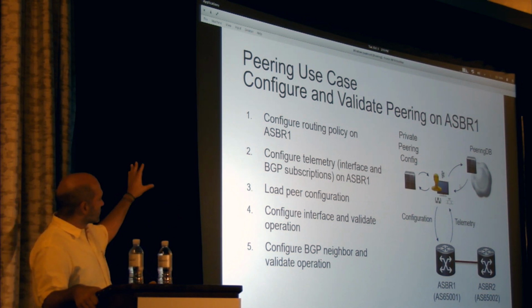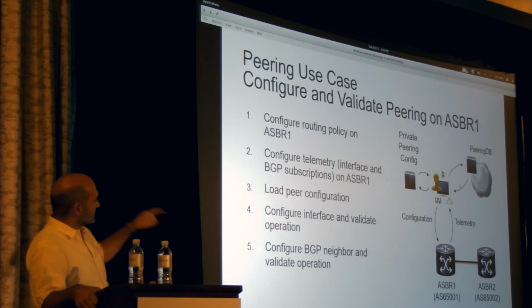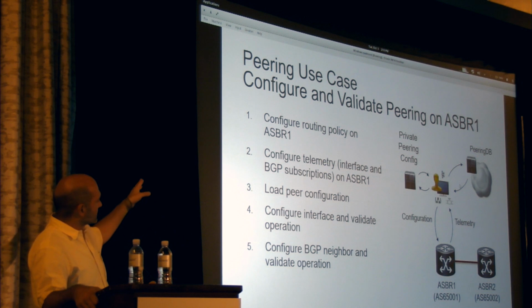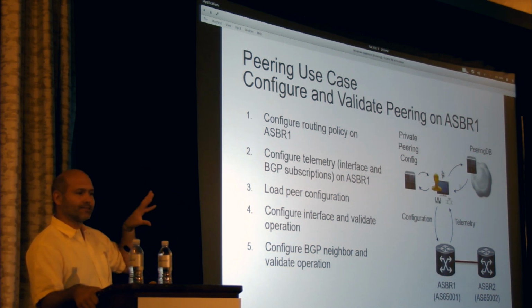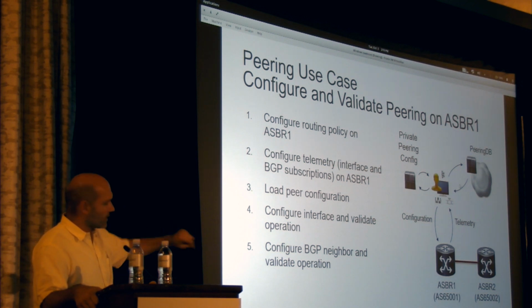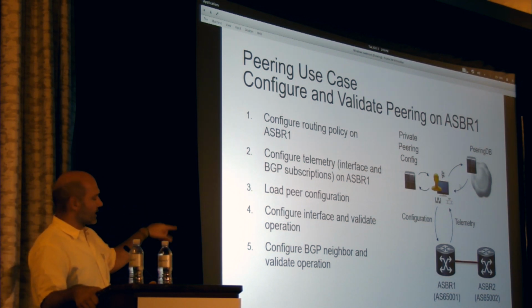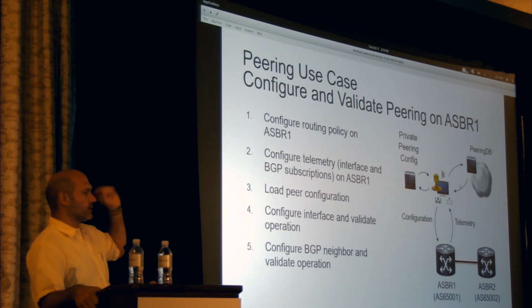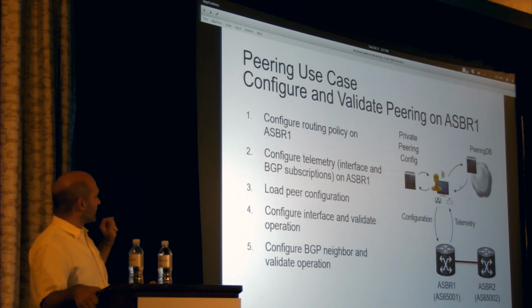So I'm going to show an initial step of configuring a routing policy on that device. Then a day 0 configuration of enabling telemetry on ASBR1, so that ASBR1 starts streaming to me all this OpenConfig state for interfaces and for BGP.